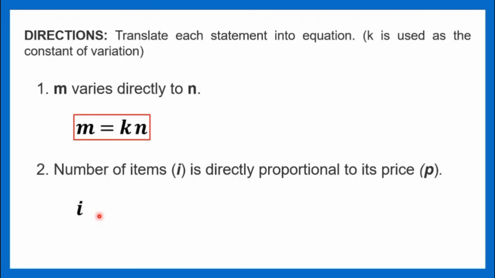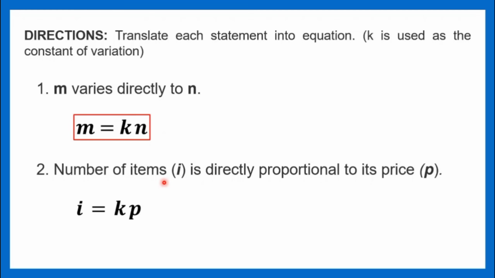So, I, tapos followed by equal symbol, tapos sunod yung nandito ay yung product ng constant of variation, tapos yung variable na pangalawa. So, edi KP yun. I is equal to K multiplied by P. So, ito yung translation nitong, number of items I is directly proportional to its price.